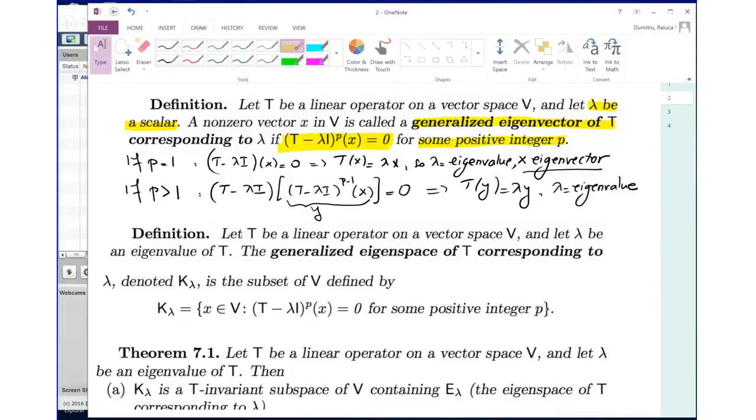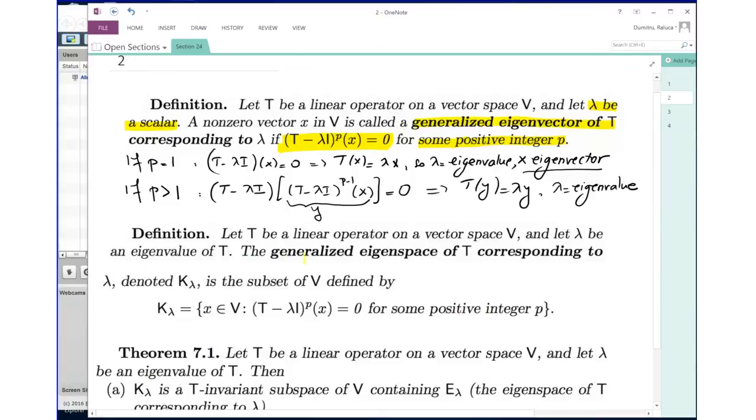So we're going to just collect all those generalized eigenvectors, put them in a set, and call that set K lambda. Okay, so K sub lambda is called a generalized eigenspace of T. It contains all those vectors x such that (T minus lambda identity) to the p of x equals 0 for some positive integer p.